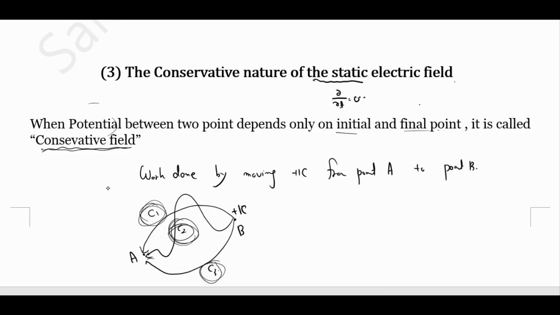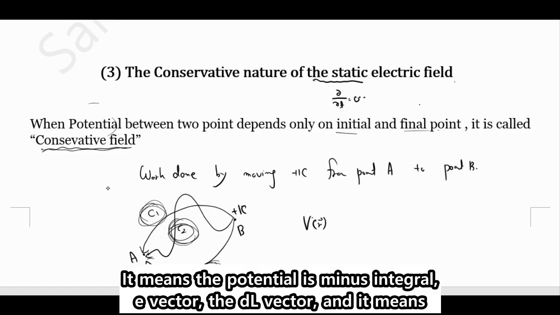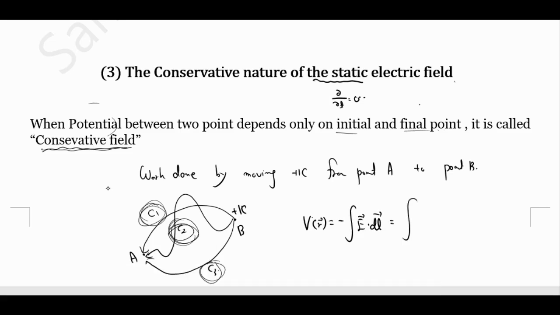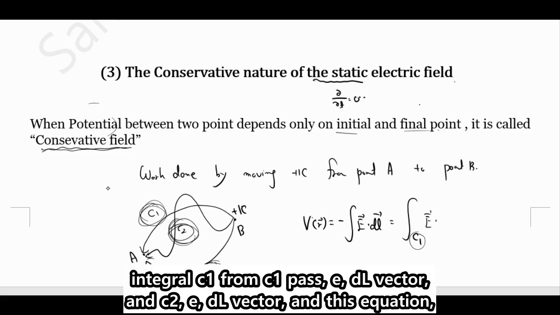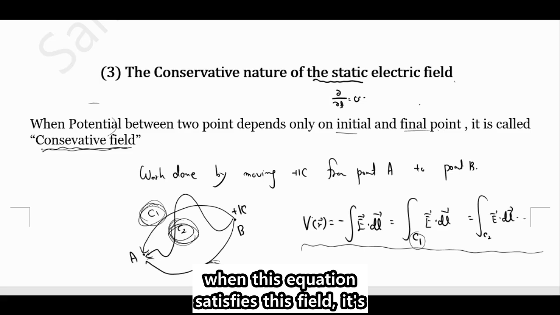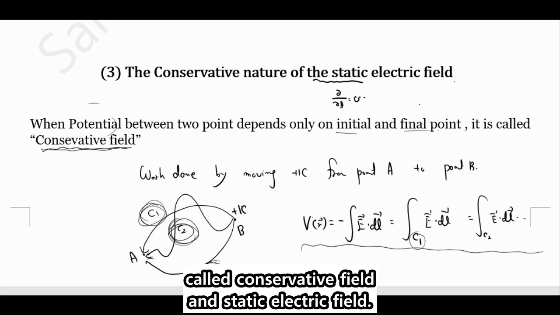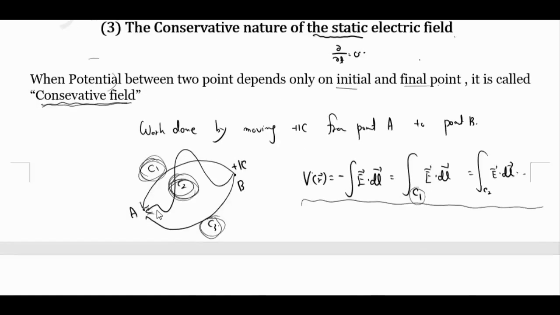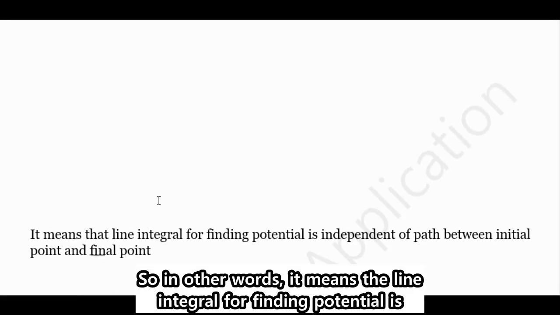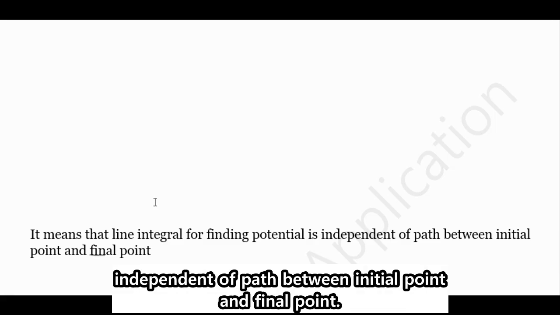It means the potential is minus integral E vector dot dl vector, and it means the integral along path C1 of E dl vector equals the integral along C2 of E dl vector. When this equation is satisfied, the field is called a conservative field in static electric field. So in other words, the line integral for finding potential is independent of the path between the initial point and final point.